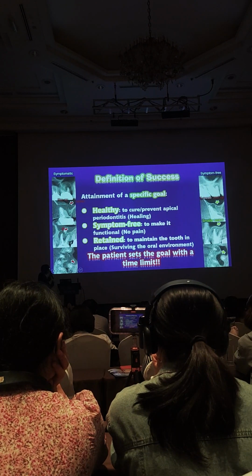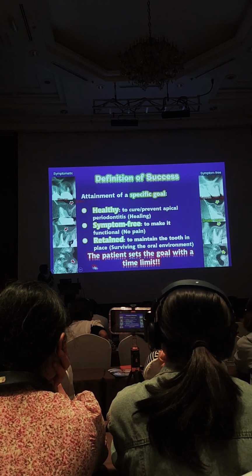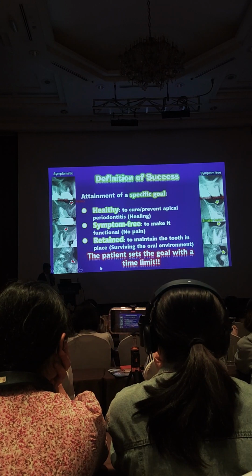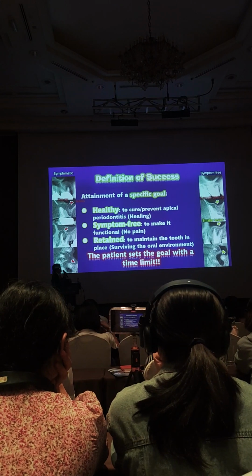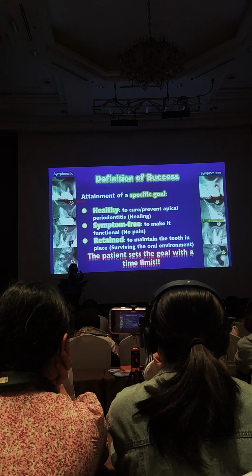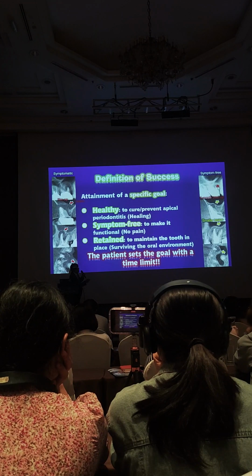You see the big lesion on the sagittal view, and you see the big lesion on the axial view. I retreated this tooth. I waited 6 months. Now the lesion size was reduced. If you look at the lesion here, it looks much, much smaller than before the treatment.